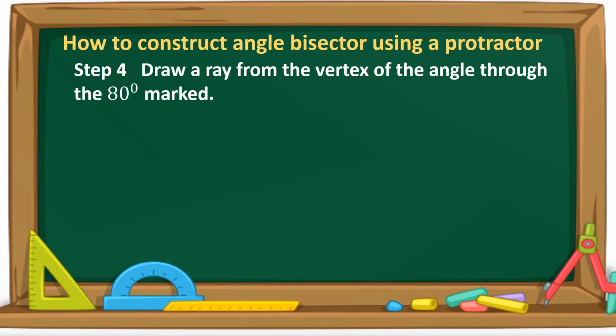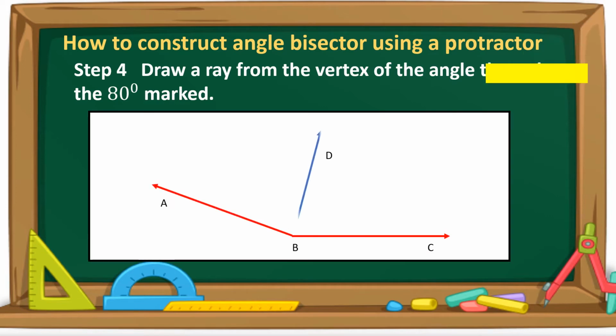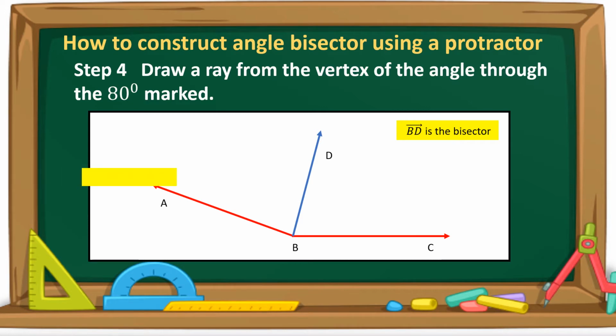Step 4. Draw a ray from the vertex of the angle through the 80 degrees mark. So we have now ray BD is the bisector of angle ABC. And we now have the measure of angle ABD equal to 80 degrees, and the measure of angle CBD equal to 80 degrees.